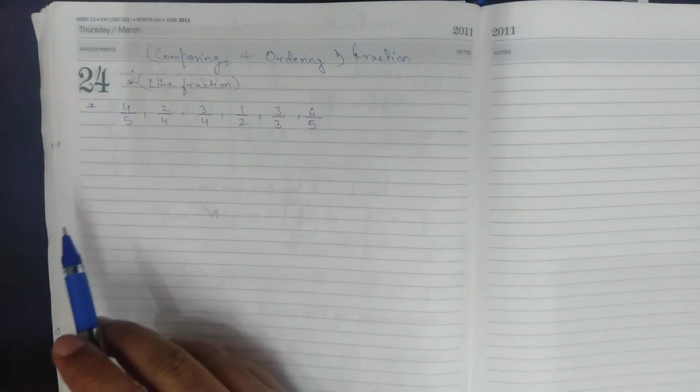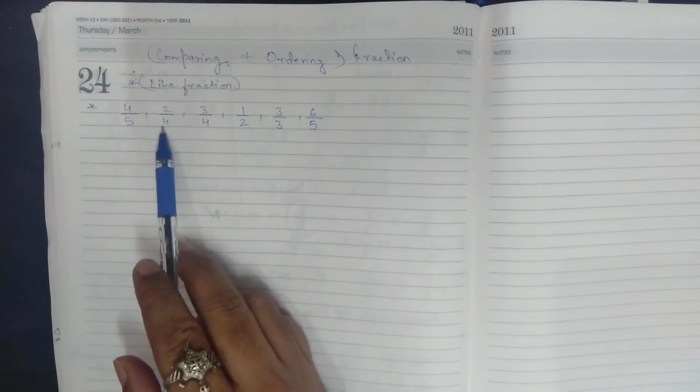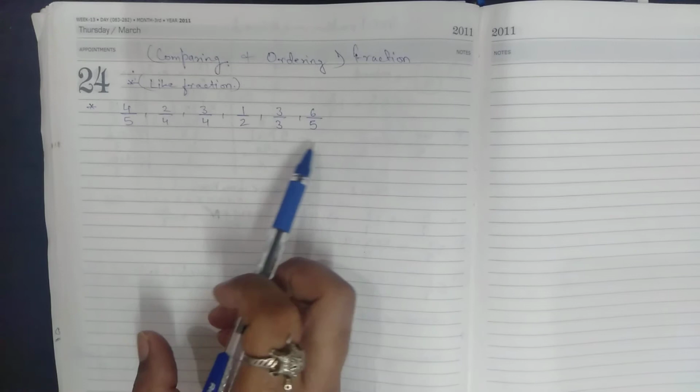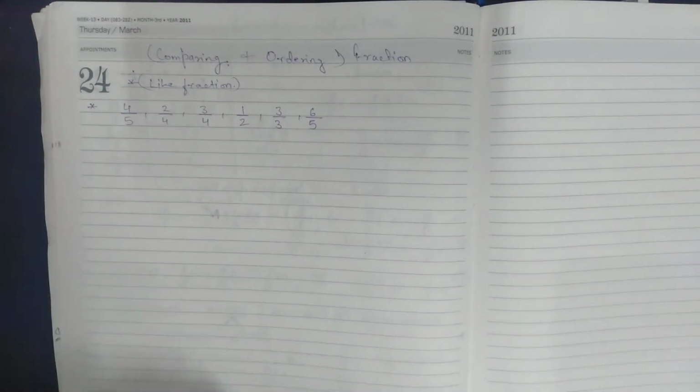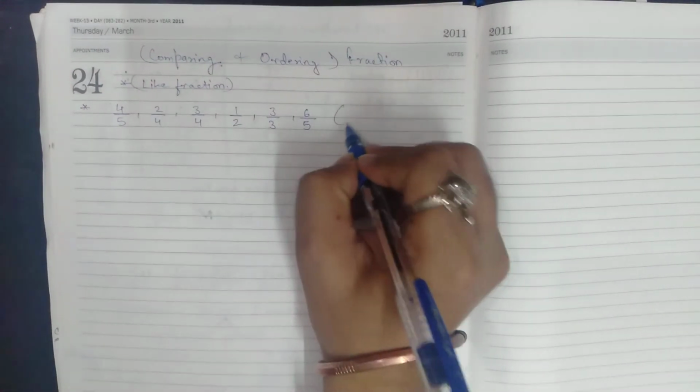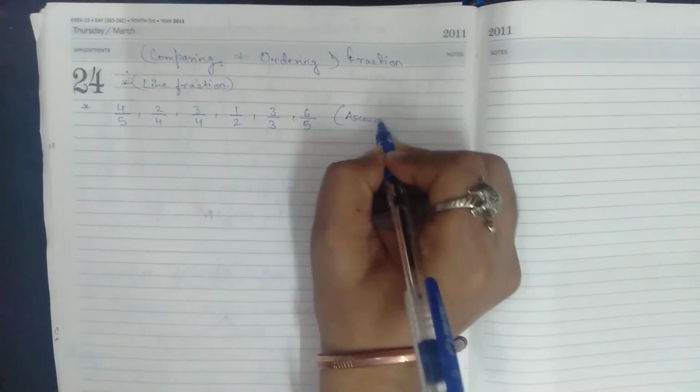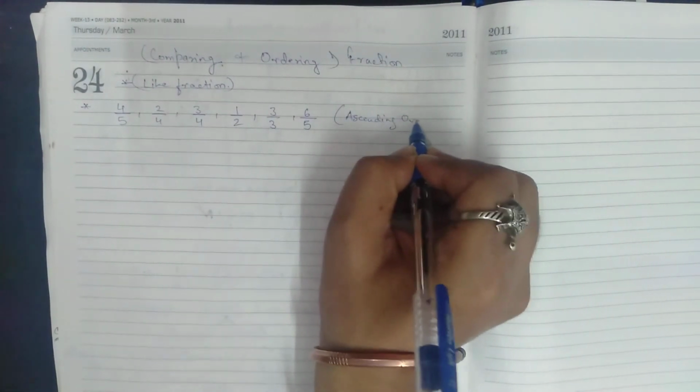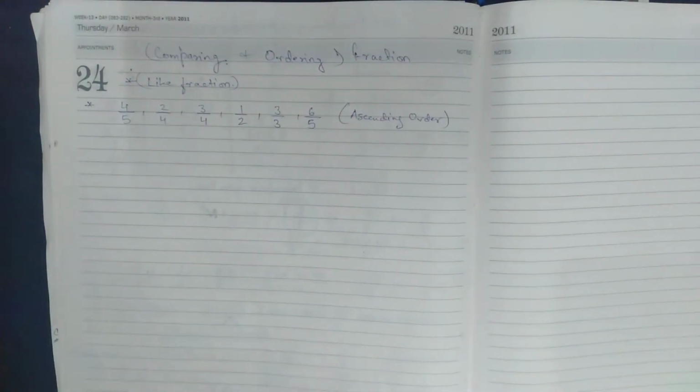See, 1, 2, 3, 4, 5, 6. How many fractions are there? 6, right? And we have to convert in ascending order. In which order? Ascending order, right?